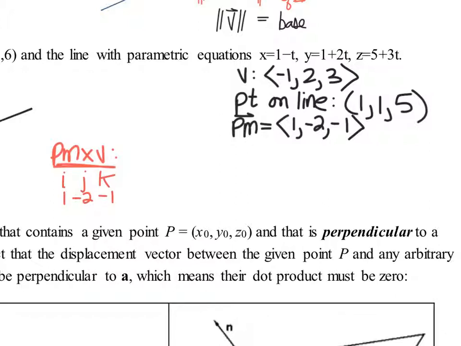V is -1, 2, 3. All right, so we need the coefficient of I, which is the determinant of the entries in the J and K columns. So -6 minus -2.